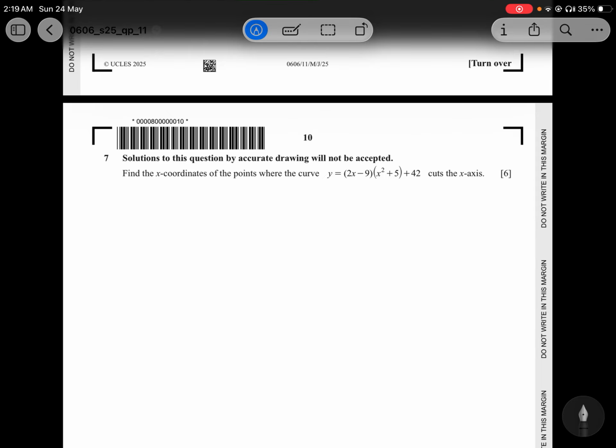Question number 7. Find the x coordinates of the points where y cuts the x-axis. Find the x coordinate when the curve cuts the x-axis, I mean y is 0. Here is a catch.